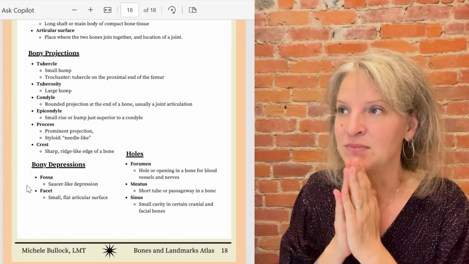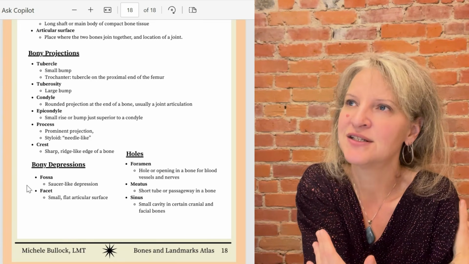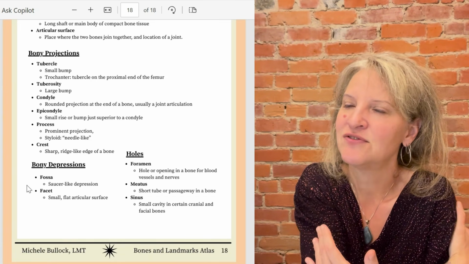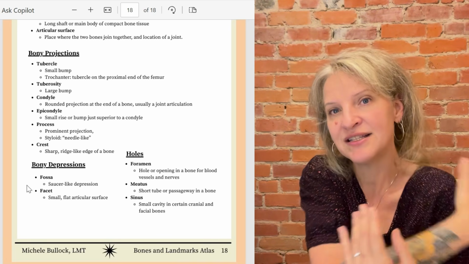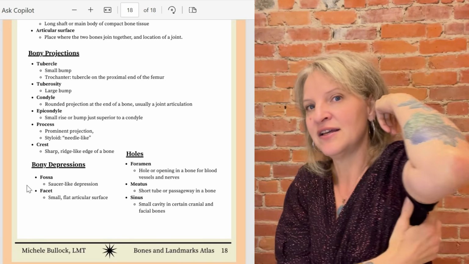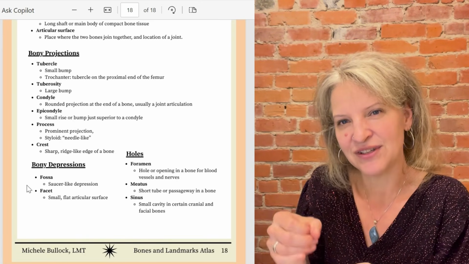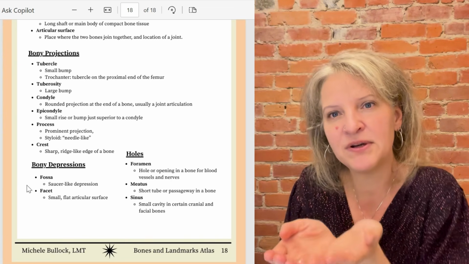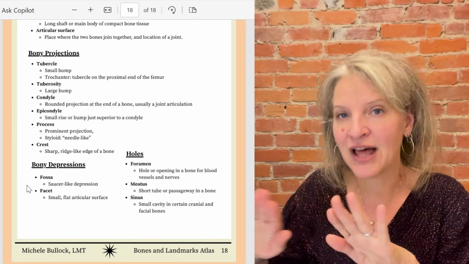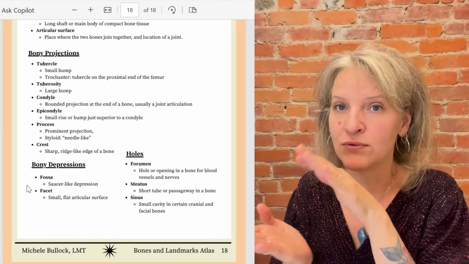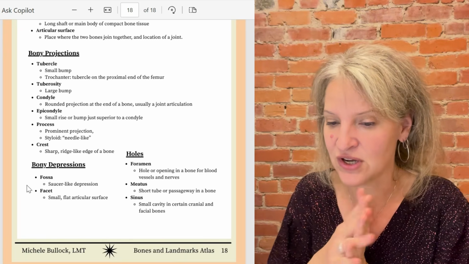So, for example, on our scapula, we have three different fossae: infraspinatus, supraspinatus, and then the subscapular fossas. So they're just like a teacup or a tea saucer that you put your cup on top of. They're just kind of shaped like that. And then a facet is a flat surface where bones move together. So like in our vertebrae, we have some facets. I'm going to go through and talk about those.